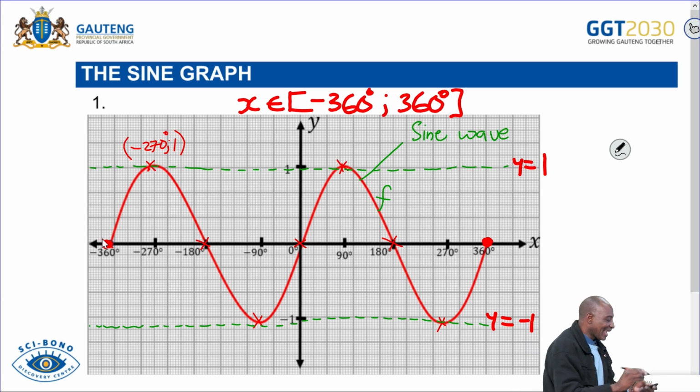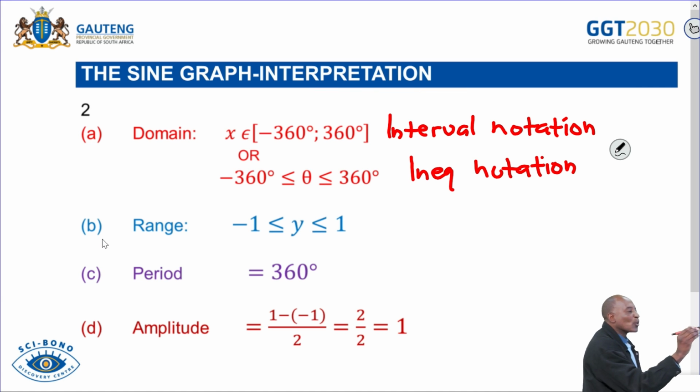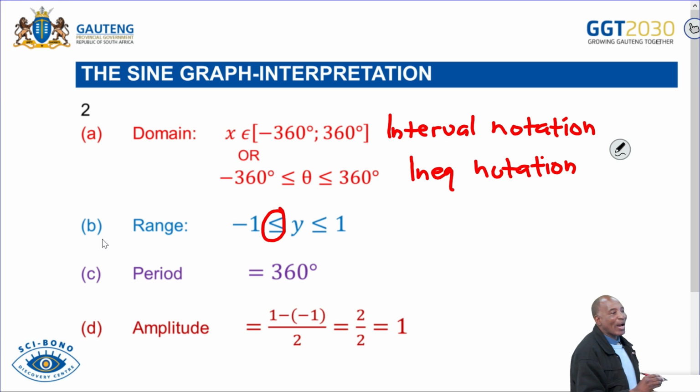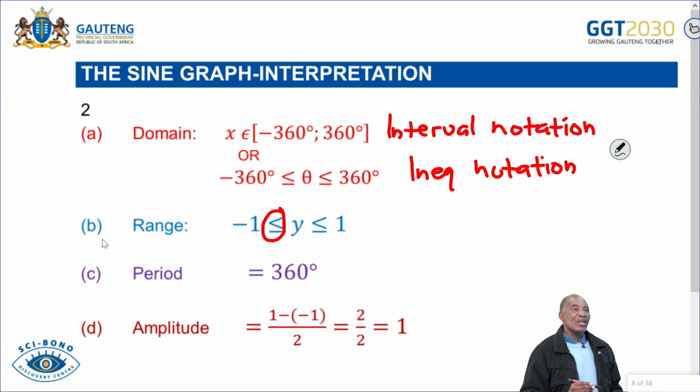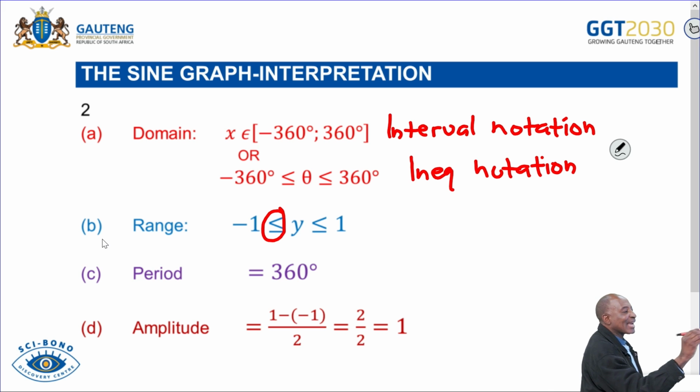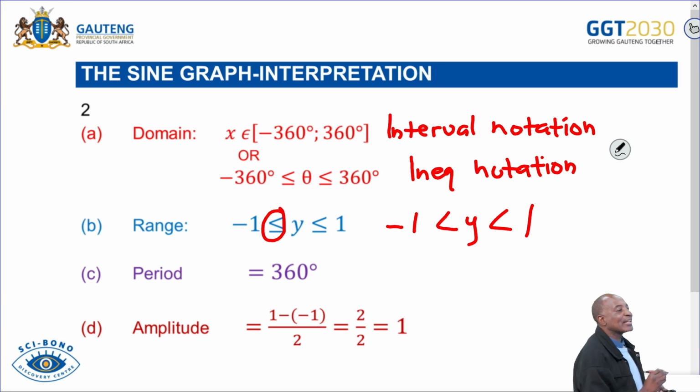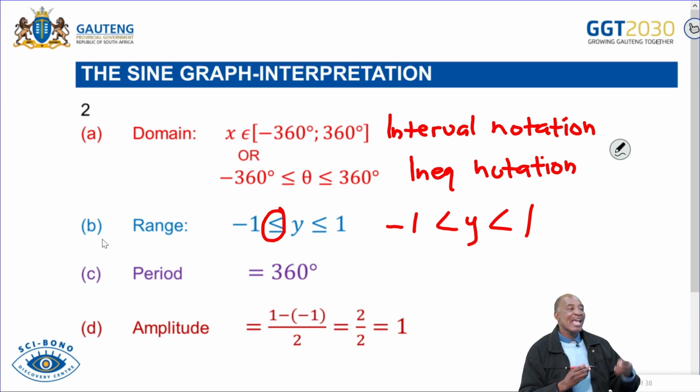Therefore, it starts exactly, and the moment I say exactly, this is inclusive. Hence, I have used this half inequality symbol and that other half inequality symbol. We call that less or equal a half inequality symbol. Otherwise, it's not a strict inequality symbol. You can't leave your answer as -1 is less than y. These are the y values. Range affects y is less than +1. You can't write an answer like this, because our graph starts exactly at -1 and stops going up exactly at 1.